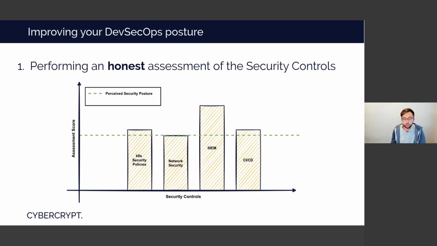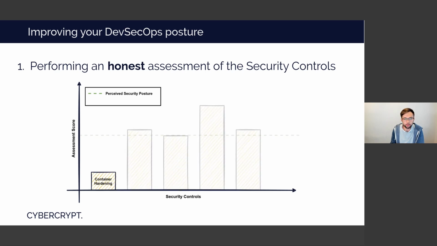But what usually happens when you bring in an external person, either a consultant or just a new employee in your organization, is that they'll often see something different from what you can see yourself. So maybe there is a container hardening policy that is dangling and very deficient and needs to be brushed up a lot. This will be something that an external person can see much more easily than you as an insider.